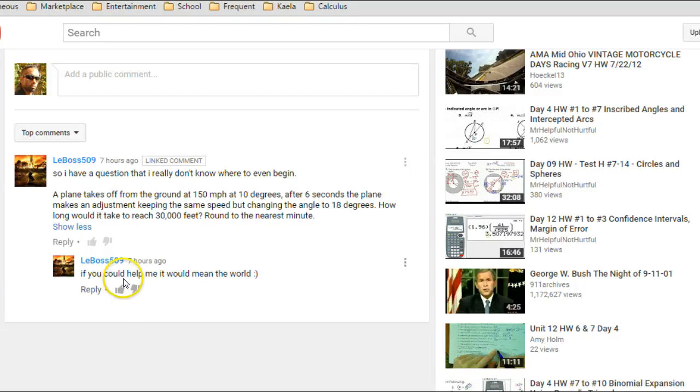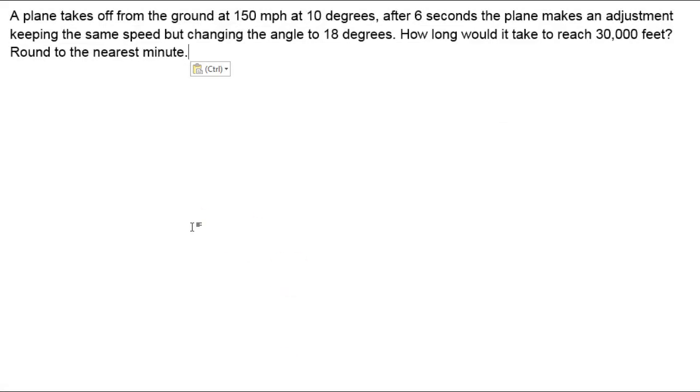Alright, this is a quick recording for LaBoss509, who asked this question. Now this was a really complicated question, and I'm not 100% sure I have this worked out correctly, especially because you say round to the nearest minute, and my answer is coming out to be seconds.